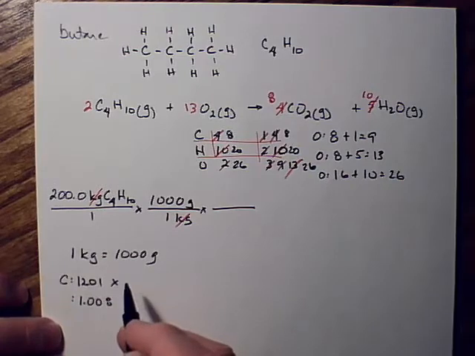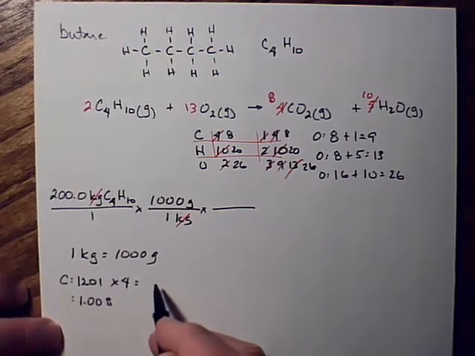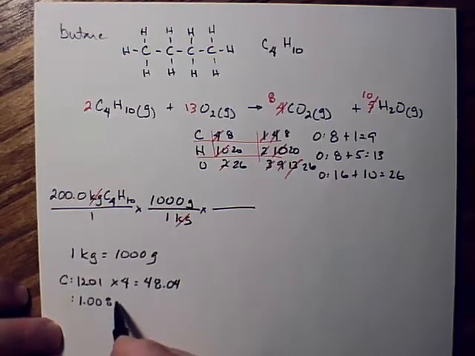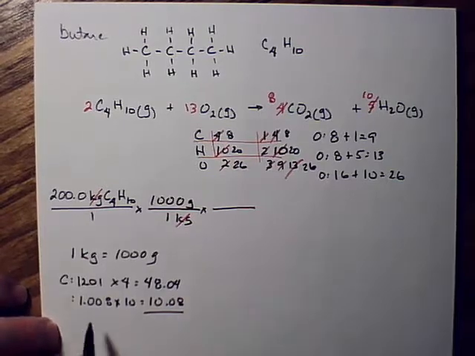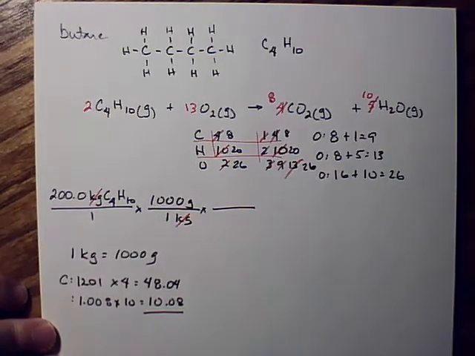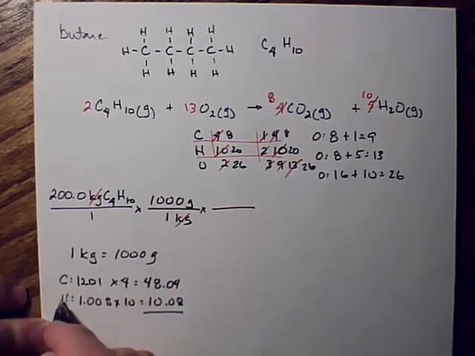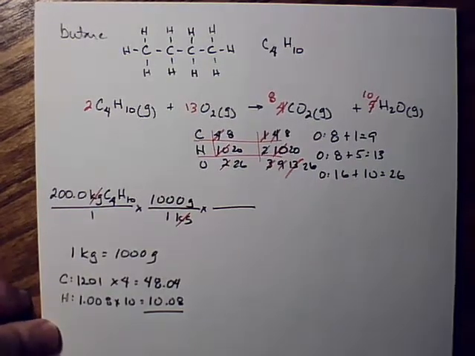We have, in the formula, 4 carbons, which is 48.04. And this is times 10, so that's 10.08. And so let's put this down here as being hydrogen. Make sure we list that properly.